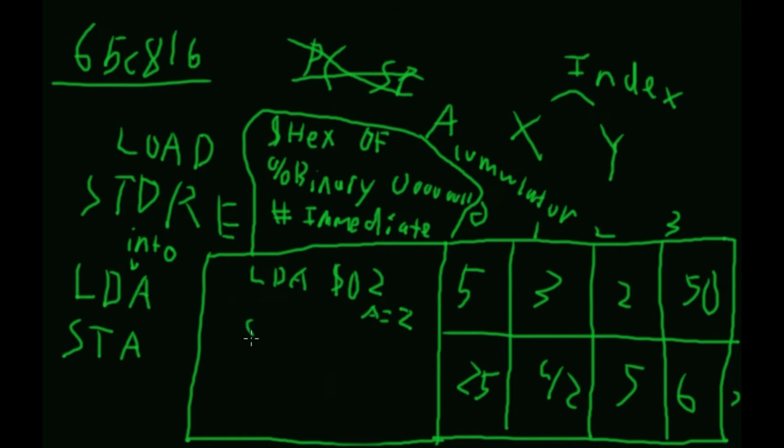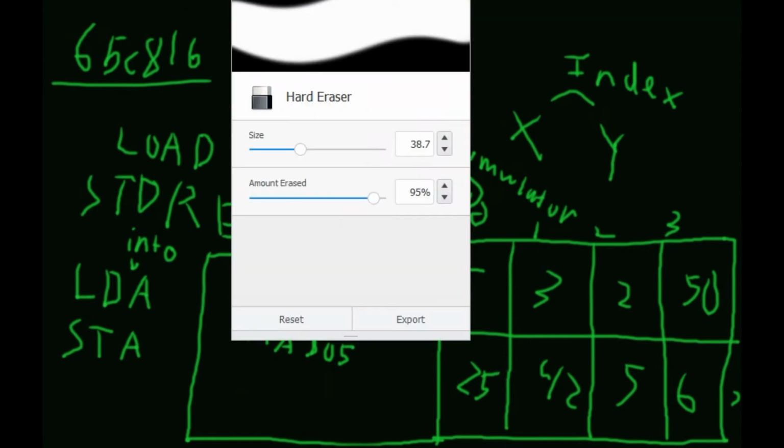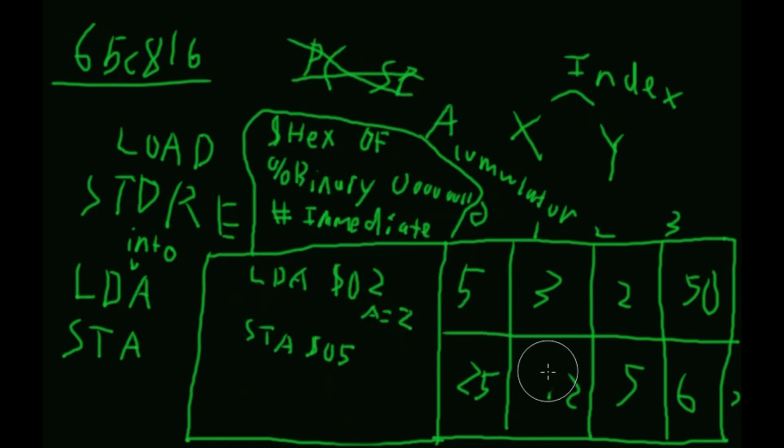Now we're going to store A at memory address 05. And what that's going to do is, if we look at memory address 05, 0, 1, 2, 3, 4, 5, this number 42 is not going to be 42 anymore.